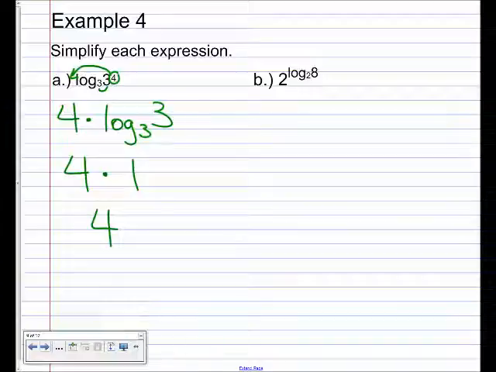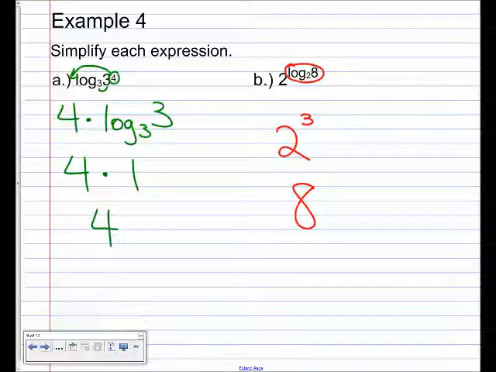Let's look at the last one, letter B. So this says a big base of 2, raised to an exponent, and in the exponent is a logarithm. All right, so I'm actually just going to look at the log base 2 of 8, and the log base 2 of 8 is 3, because 2 to the third power is 8. So this becomes 2 to the third power, and you should know 2 to the third power is 8.